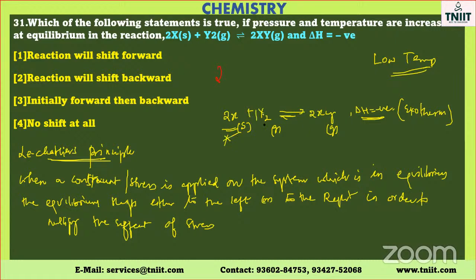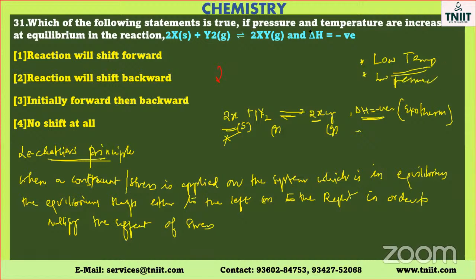Here we have 1 mole of gaseous reactant, but 2 moles of gaseous product. So the pressure is more on the product side. It is already exothermic and the pressure is high in case of products. Now this kind of reaction will be favored at low temperature and also at low pressure, by decreasing the pressure.